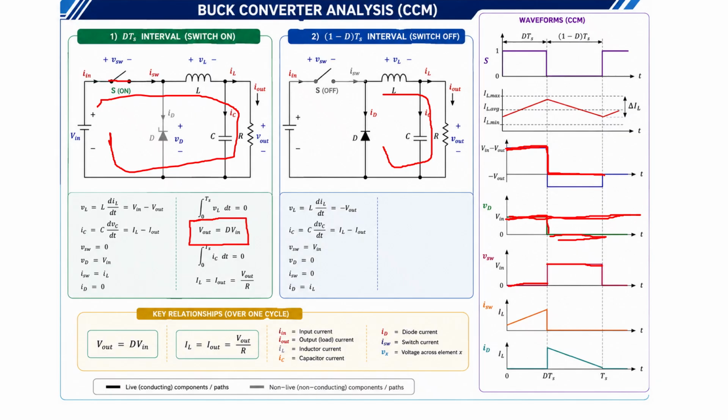Switch current will be equal to the inductor current. We know that the current ISW is equal to IL, the current flowing through the inductor. Because they are equal, this same current IL will flow through the switch during the on condition, and when the switch is in off condition, there is 0 current flow through it.